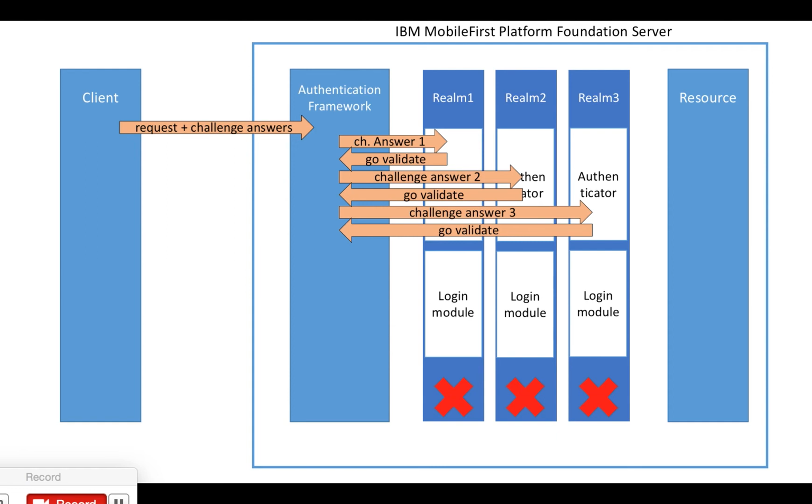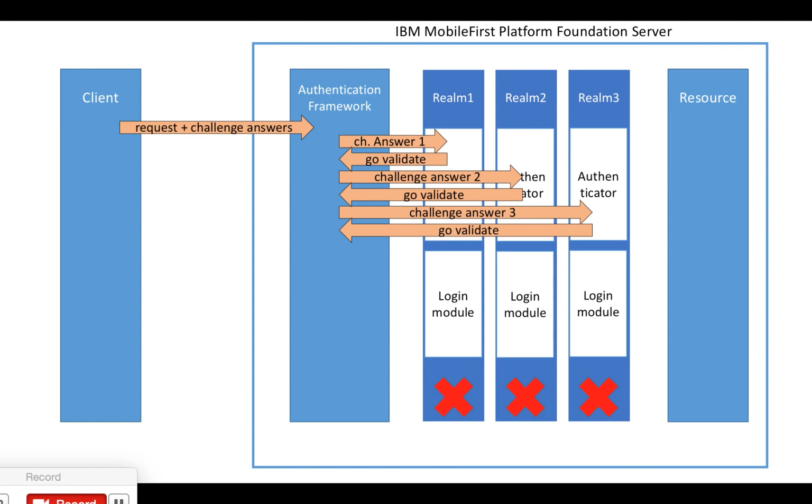The authenticators can extract those challenge answers and decide whether the authentication framework can move to the next phase. Not validate those challenge answers, but just decide whether it can move on to validation. In a simple test case, for example, the challenge answer was null, or was shorter than the authenticator expected, like zero chars.